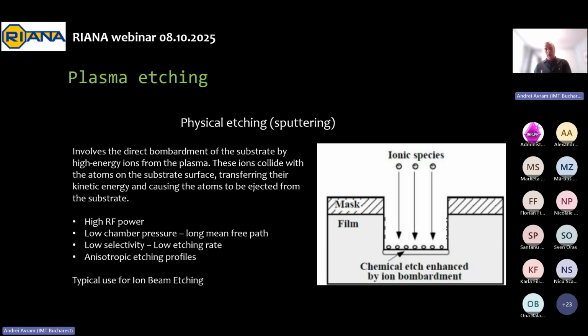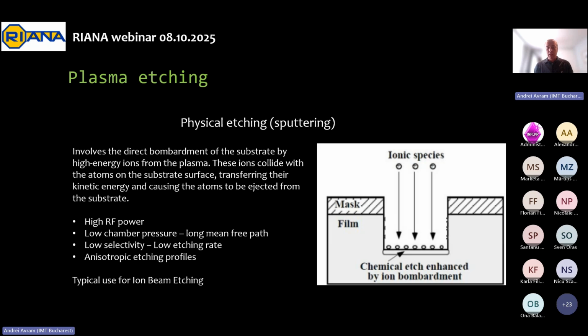Ions usually are positive inside the plasma, and if you have a negative bias where your thin film is, you can accelerate the ions towards this thin film, and basically just by ion bombardment or sputtering, as we call it, you can just remove atoms from the film you want to pattern. And this is one of the most basic things you can do.